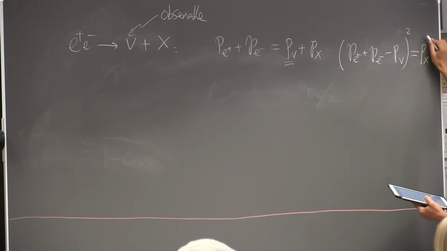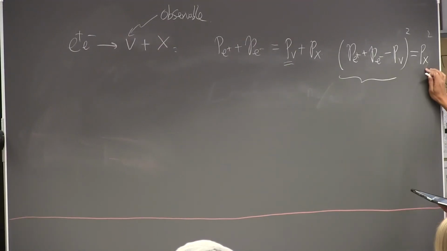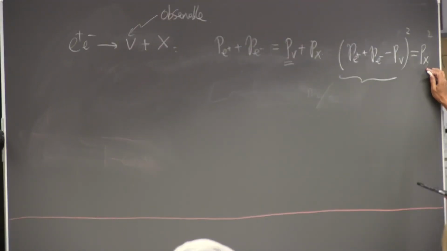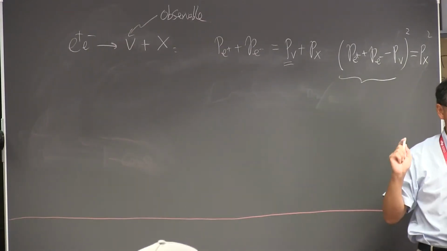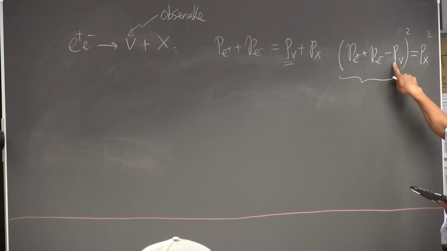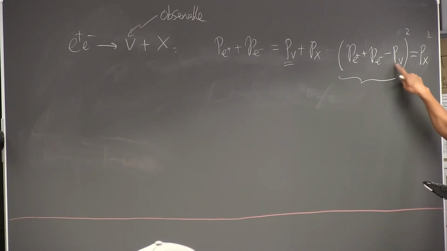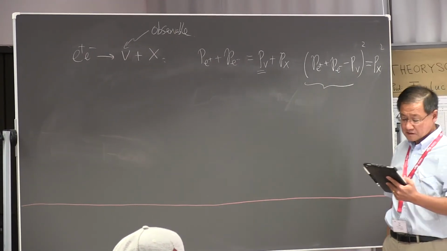And let's square that. And this is the effective mass over there, and this is the effective mass for the missing, whatever unobservable things. And you can determine what is missing. So that is called the recoil. Recoil from this guy, this is the recoil mass against the observable.